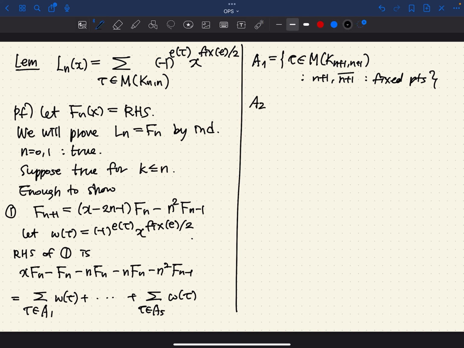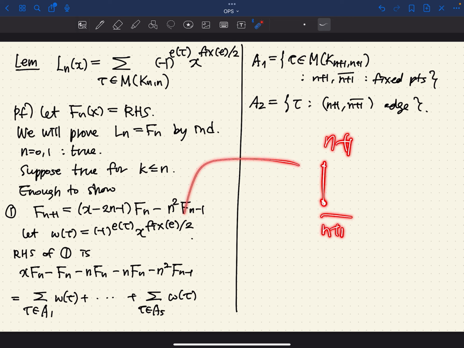So A2, you can see, we just connect the two, n plus 1 and n plus 1 bar. So it's tau, the same part, where n plus 1, n plus 1 bar is an edge. Again, you connect these two by an edge, and the remaining part is exactly the same thing, f_n, but because of this, we have a minus sign.